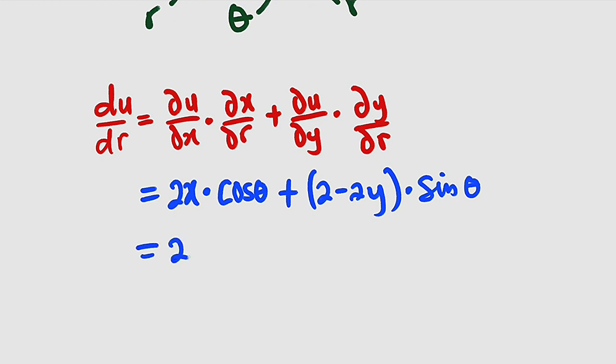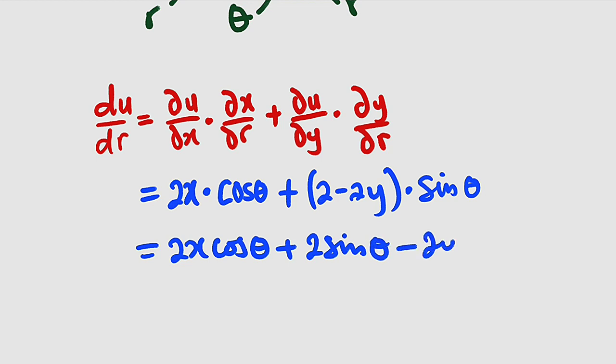This is equal to 2x cos theta plus, if you distribute this inside, 2 sine theta minus 2y sine theta. But remember that x is r cos theta, and y is r sine theta.